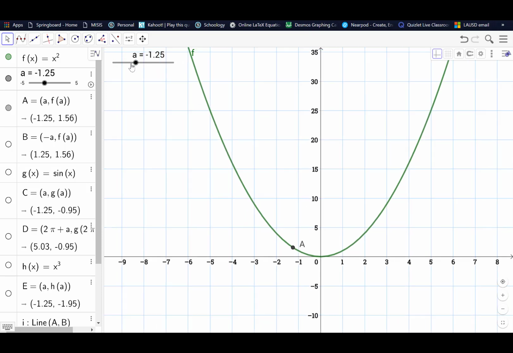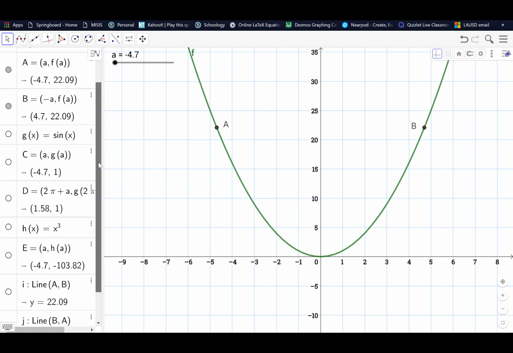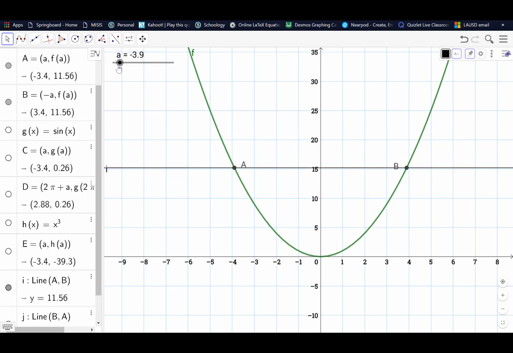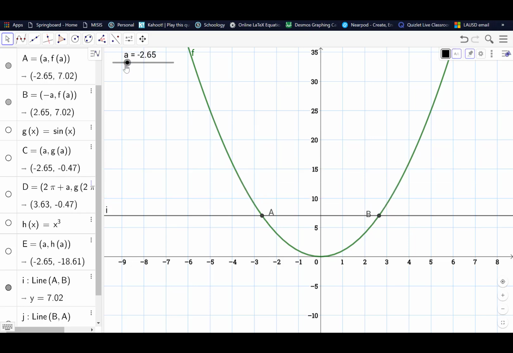You can see as I move A, it moves. And if this input was the only one that gave me this output, we'd be 1 to 1. But unfortunately, I have 2 inputs that give me the same output. You can see right here that there are 2 numbers that will give me the same output, and I can connect them with a line. So this makes this function not 1 to 1.